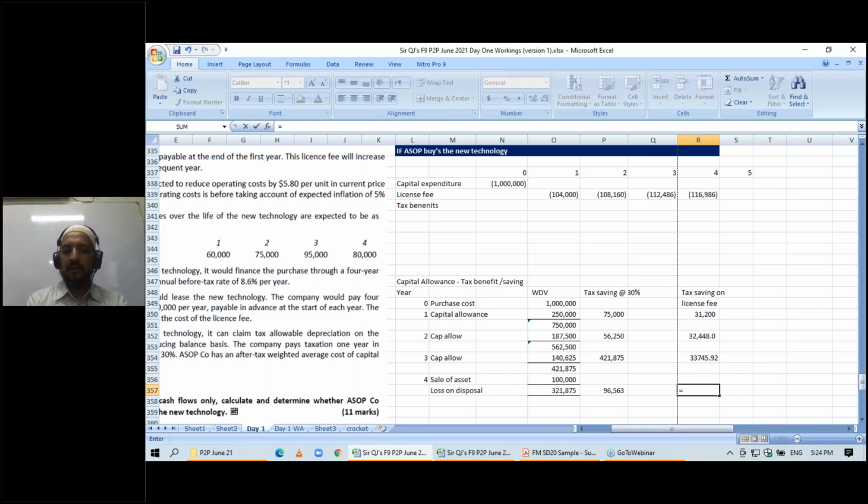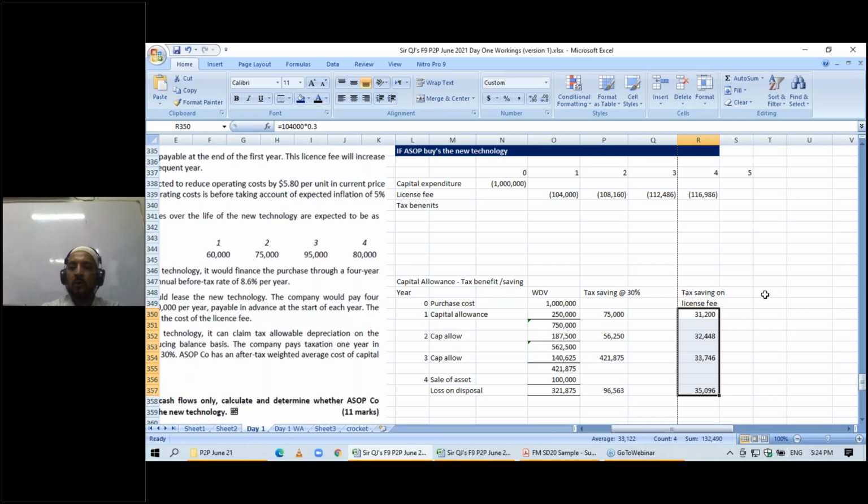And in the fourth year, the license fee was 116,986 multiplied by 0.3. So the license fee savings have been calculated now.